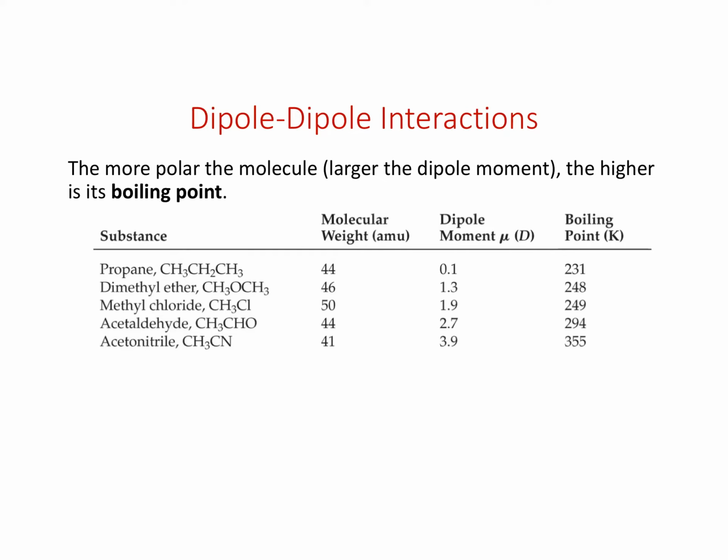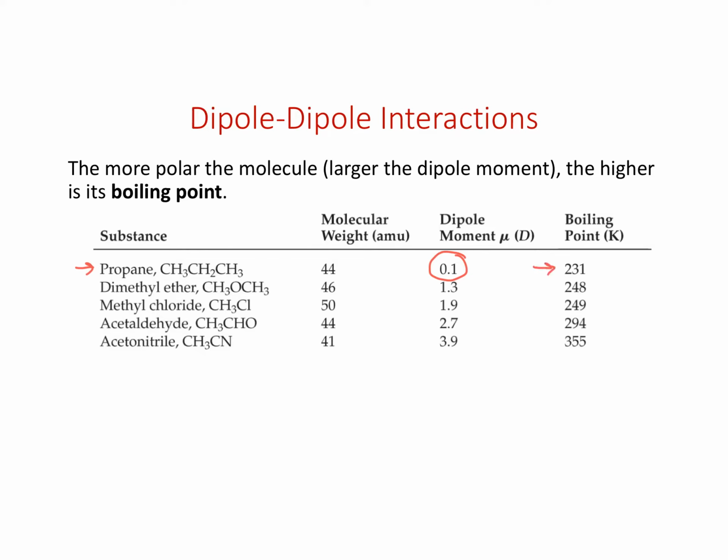Dipole-dipole interactions are very important in helping determine the boiling point of a sample. If we start with propane right here, we see that there's a very small dipole moment. That means there's very little imbalance of charge. So there's not much dipole-dipole interaction because it's a relatively nonpolar molecule.